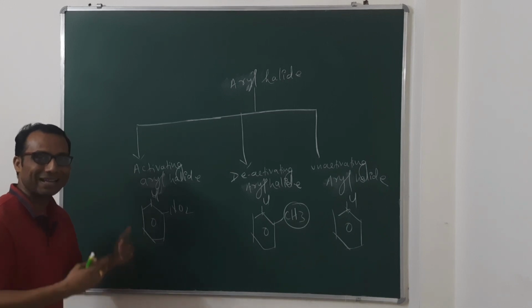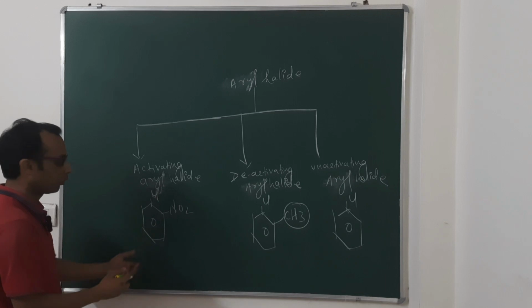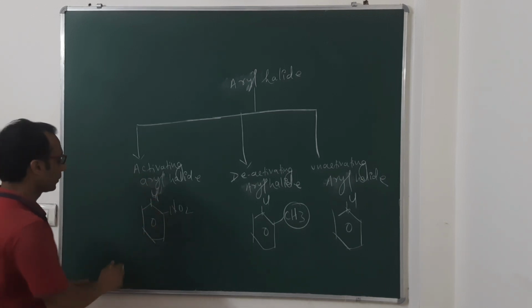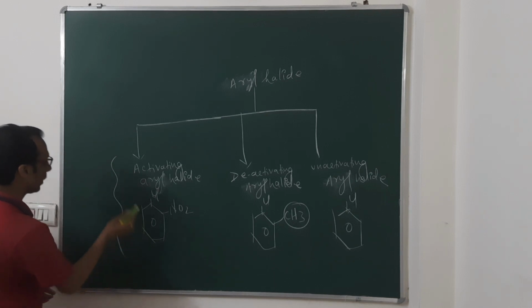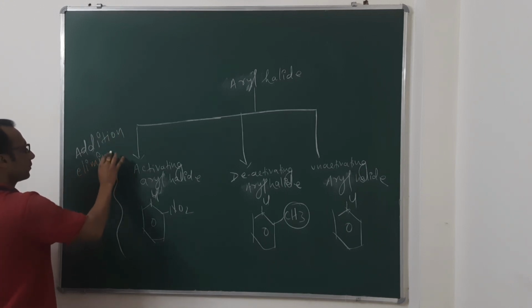Activating aryl halides are based on this: if you want to form phenol from this part, that is called the addition elimination mechanism. So if you want to form the alcohol, the phenol, from this area, then on this side we apply the addition elimination mechanism. Correct?